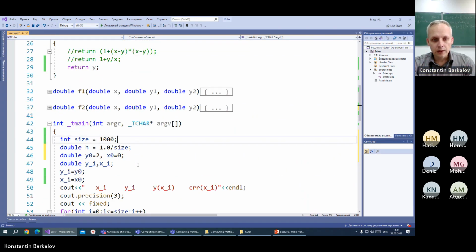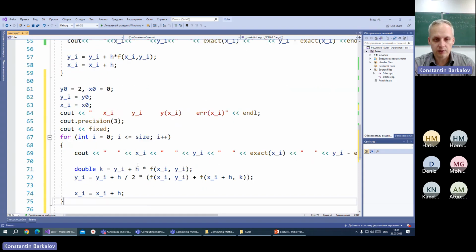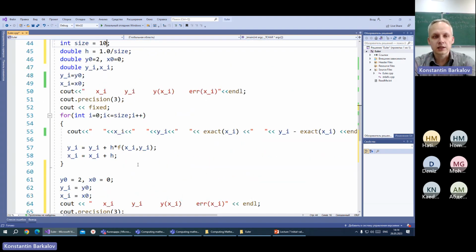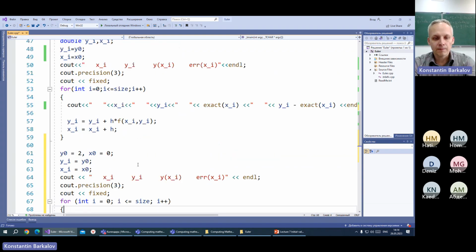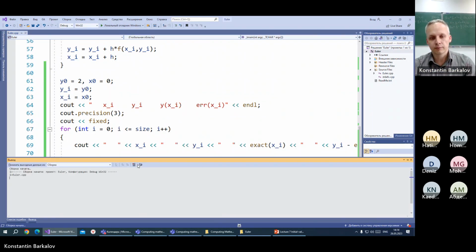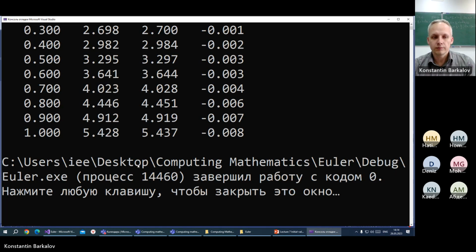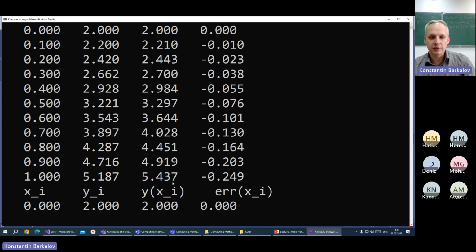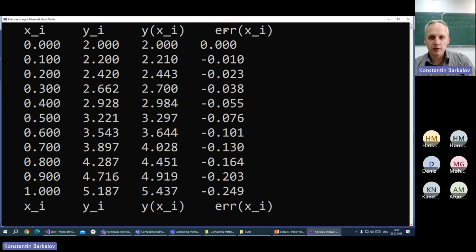Well, let's compare the results. Let me set size equals 10, and let me run these two methods. And let's compare the results. The first table corresponds to Euler's method. And we see that the error of computations becomes larger and larger, and the error at the final point is approximately 0.25.